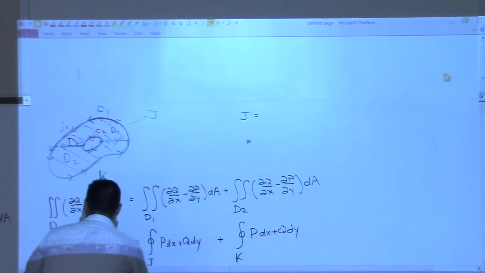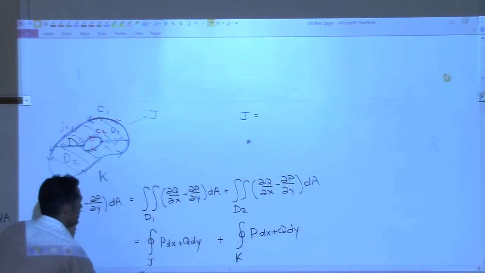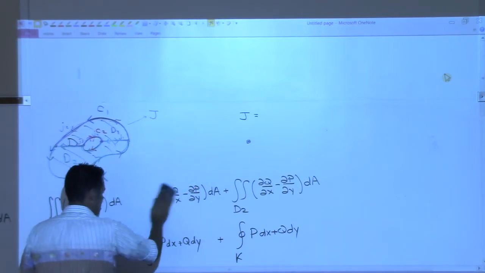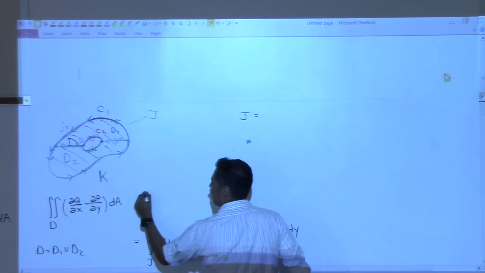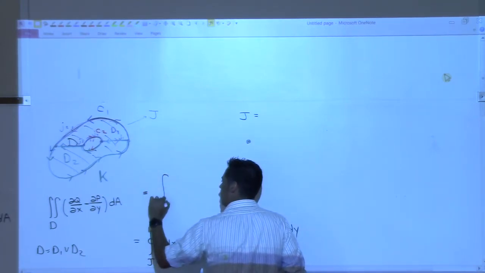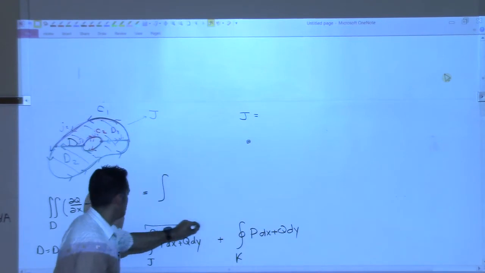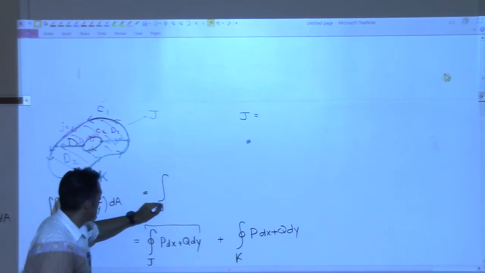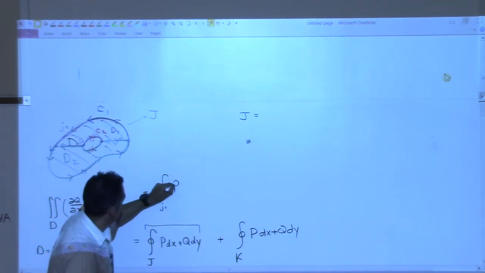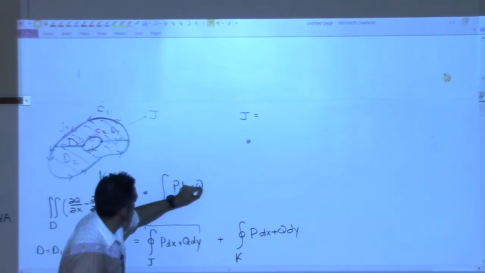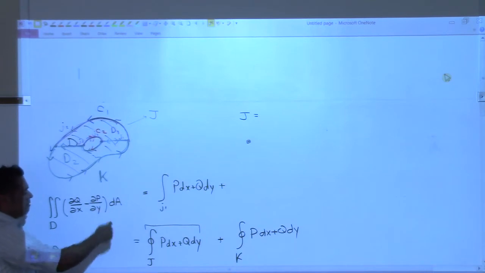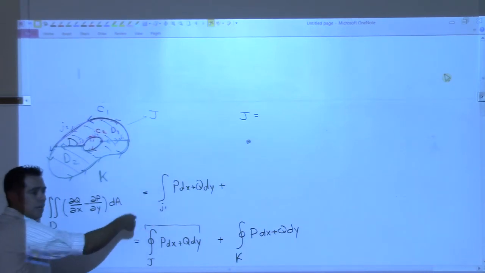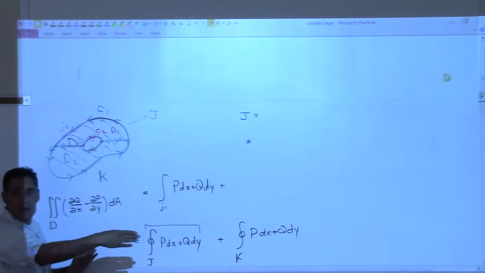So this integral right here, I wish I had more room down here, but I'm going to continue it up here. This J line integral is actually the line integral over J1 of P dx plus Q dy, plus J2, J3, or little j1, little j2, little j3, little j4 all added up, right?